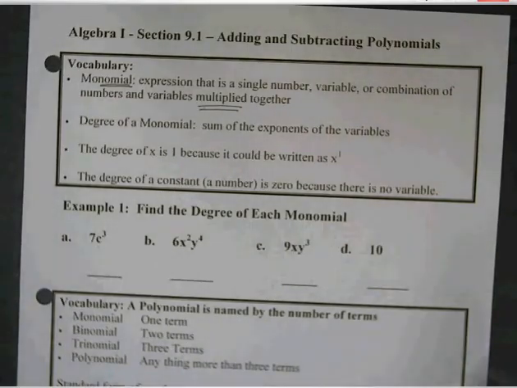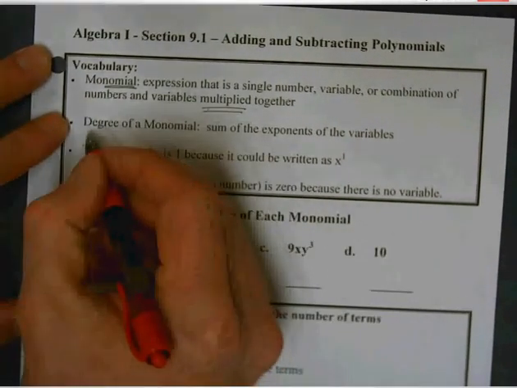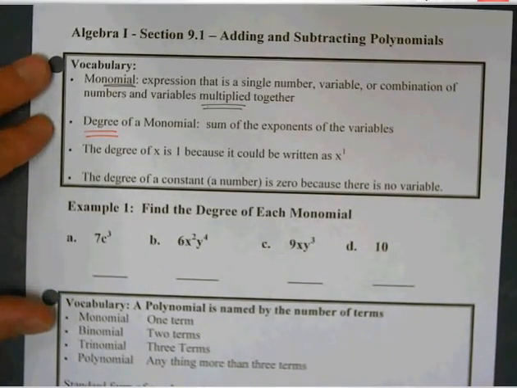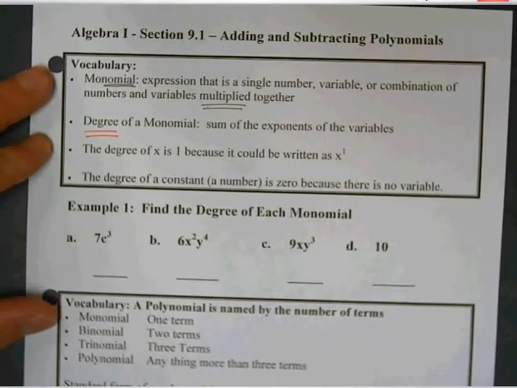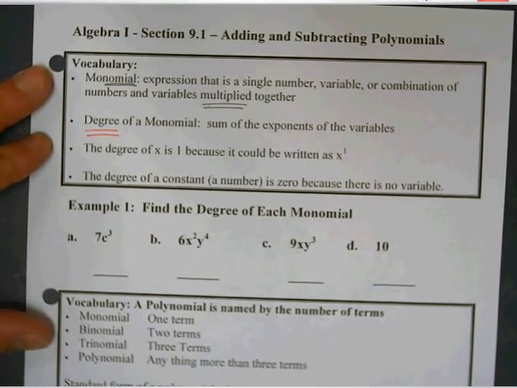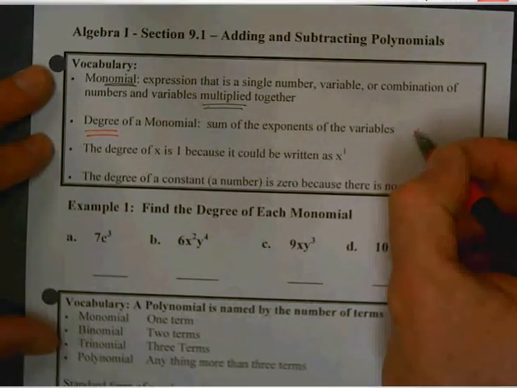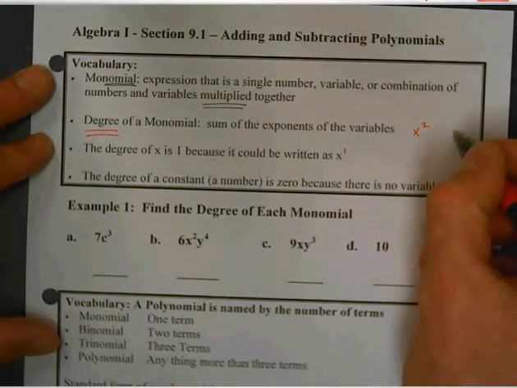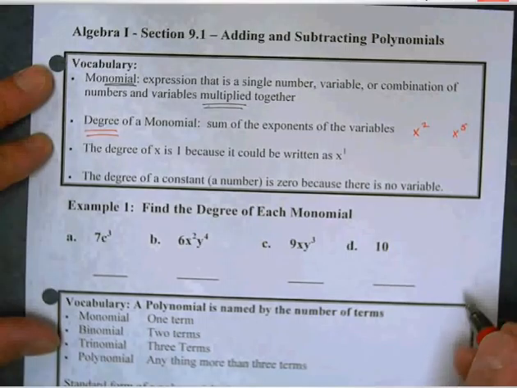Now, next idea, the degree of a monomial. All you do to find degree is you add up the exponents. If there's no exponent there, and it's just like a c or an x, we assume that exponent is 1. So for example, the degree of x squared is 2. The degree of x to the fifth is 5.